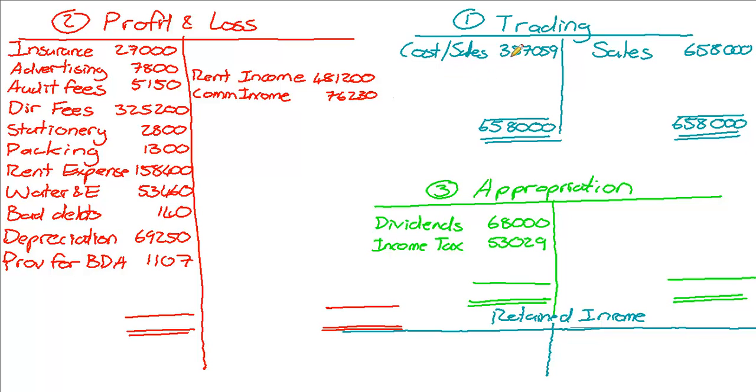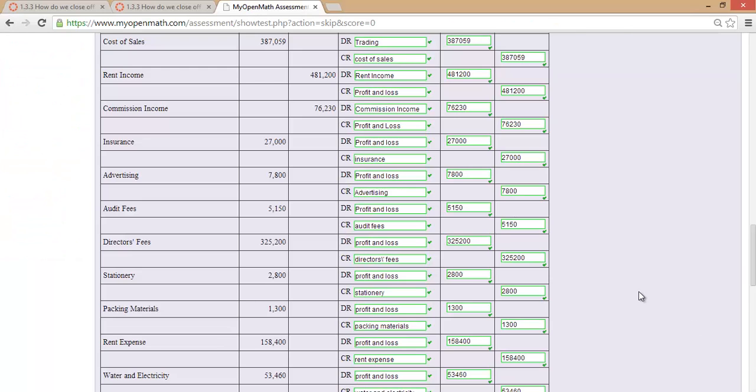To get my debits, which is currently only 387, to equal 658,000 Rand, I am missing a figure here, which is what we are going to calculate. Now it's going to be a simple calculation. We're just going to take the 658 minus 387, and that's going to give me my balancing figure.